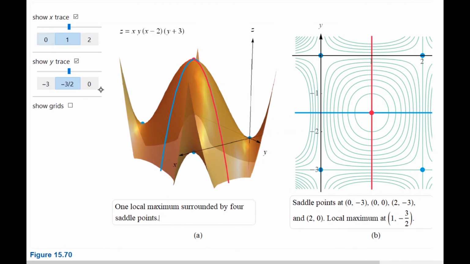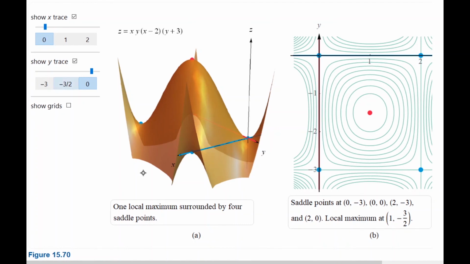We could also change this and find another point, say (0, 0), right there. Where they intersect, we get a saddle point. And we'll talk about how to classify these critical points in a future video.